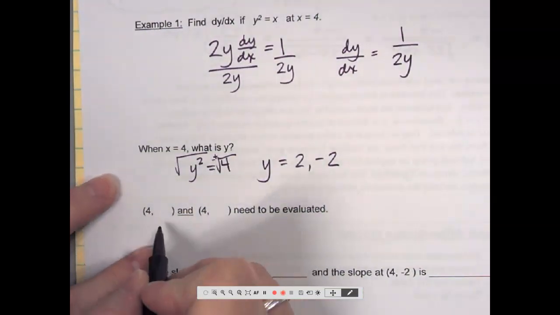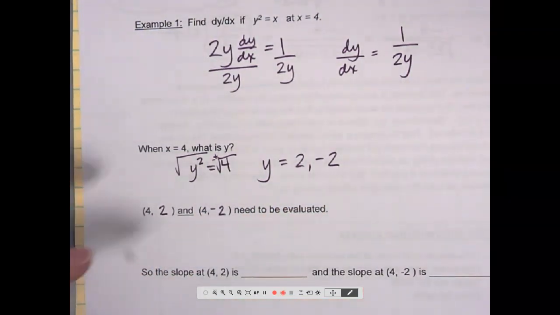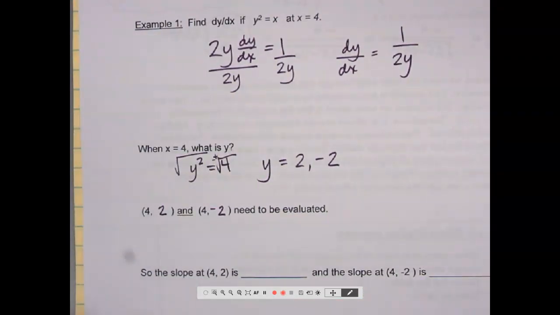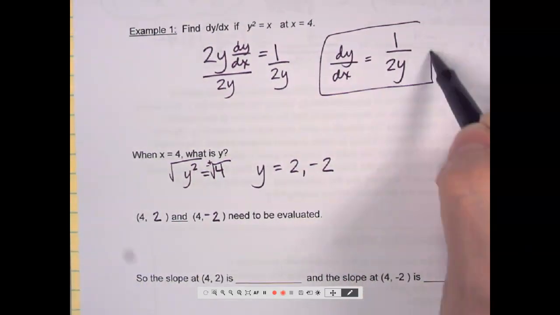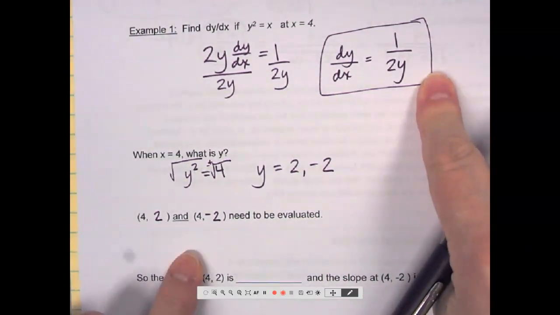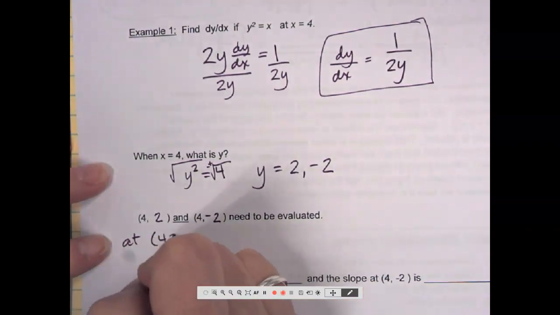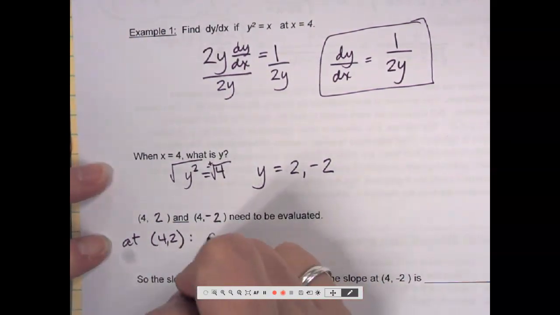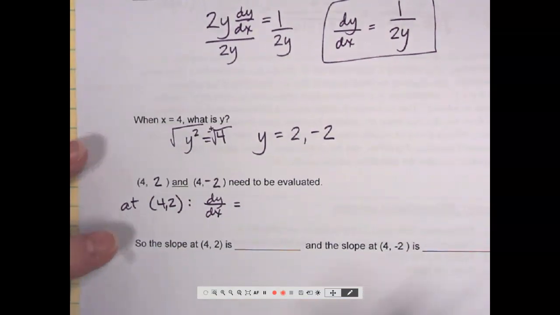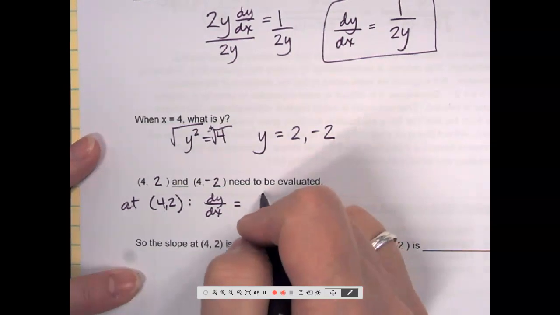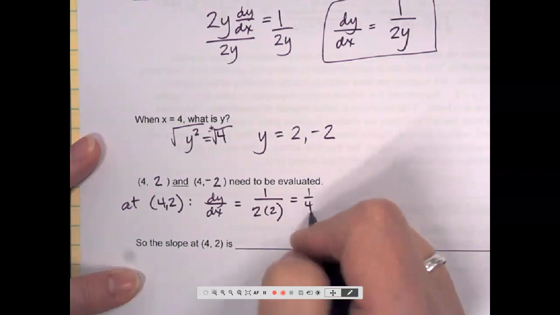Okay, so here are my ordered pairs: (4, 2) and (4, -2). So we'll evaluate both of those using this formula for our slope. So this is our slope formula, and only y goes into the formula. So I'm going to plug in, let's say, at (4, 2), dy/dx. I'm just actually plugging them in. I know you can do that in your head. 1 over 2 times 2 is 1/4.